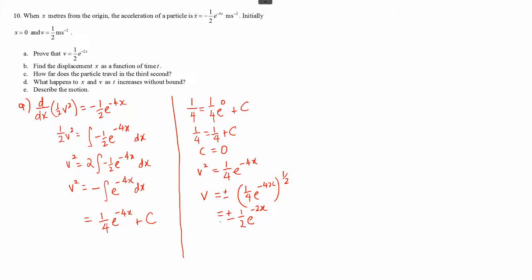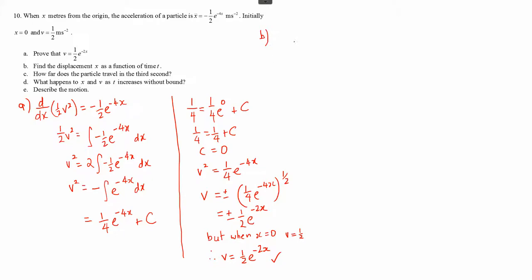And we know that when x is 0, v is a half, so the velocity is positive. Therefore, the velocity is a half e to the minus 2x. And that's part A.